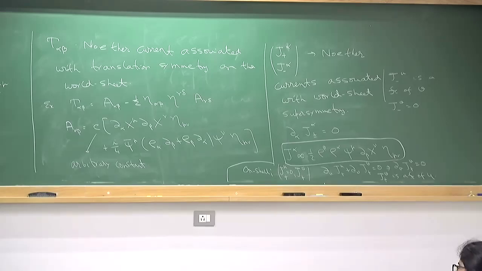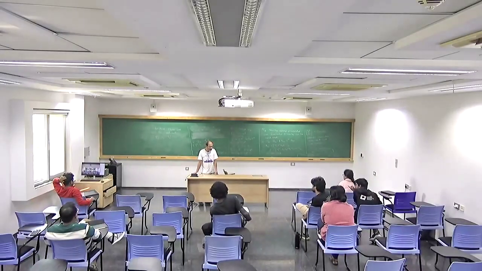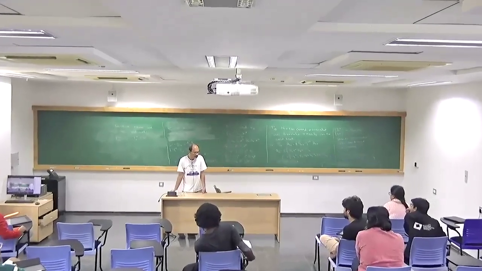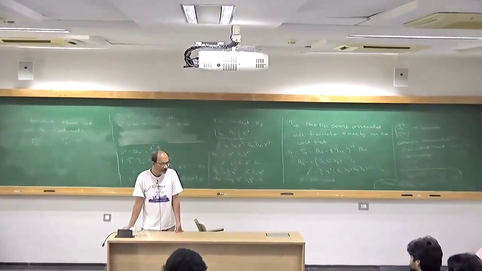T alpha beta equal to 0 was the equation of motion for gamma alpha beta, the auxiliary metric. Exactly. So for the Nambu-Goto and Polyakov actions to be equivalent, this had to be the case. That's why we introduced this constraint. But here, this J alpha. So I have to tell you where it came from.